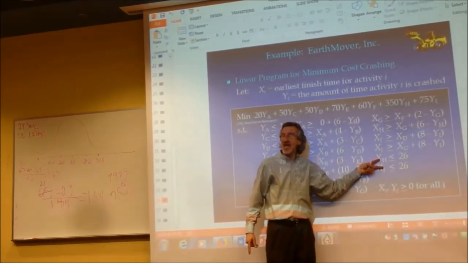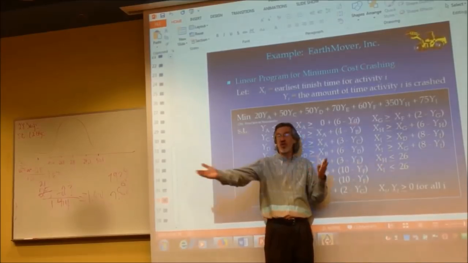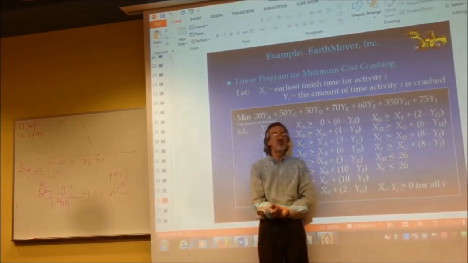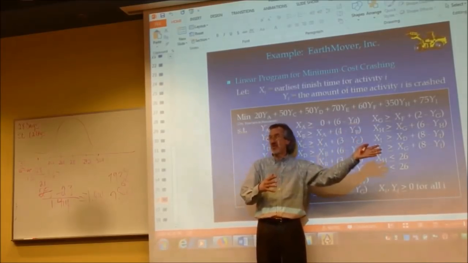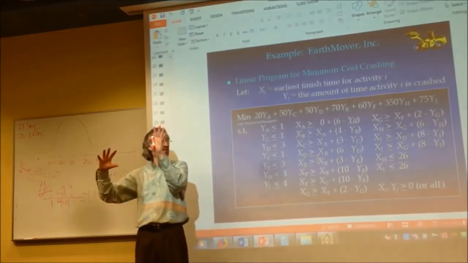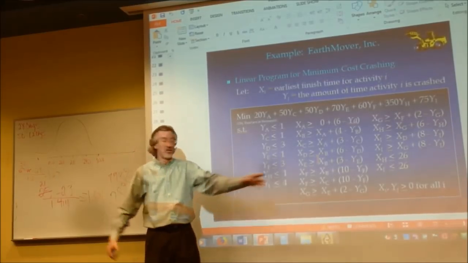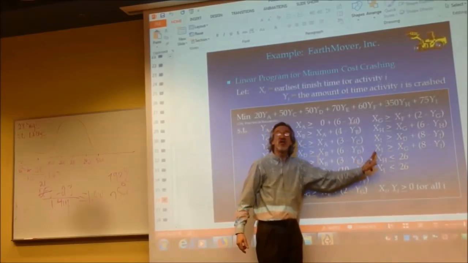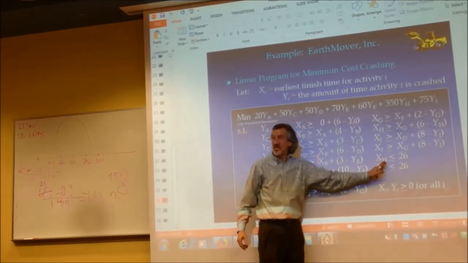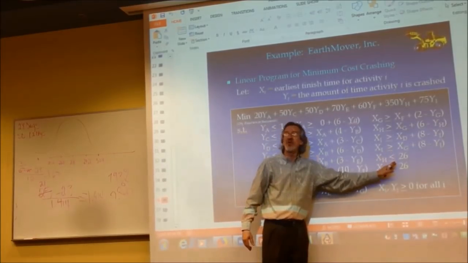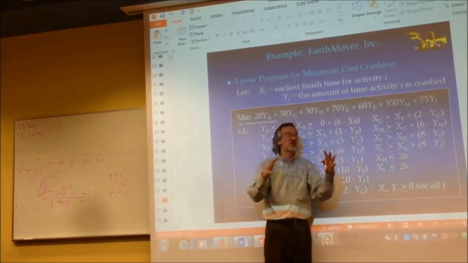These represent any activities that go directly to the end if you drew the picture, which means that H and I do not precede any other activity. Remember that when we draw these out, the arrows go to the finish for any activities that do not precede another activity. Well, these are the 2 that do not precede any other activity. And you will always put these activities that do not precede any other less than equal to whatever amount of time you're trying to crash this down to.